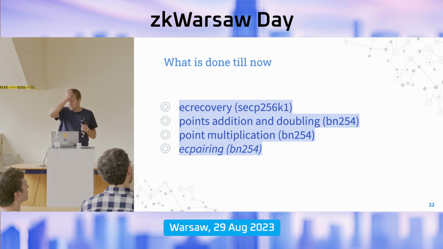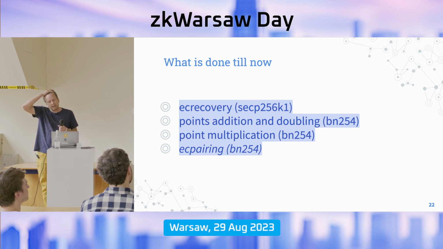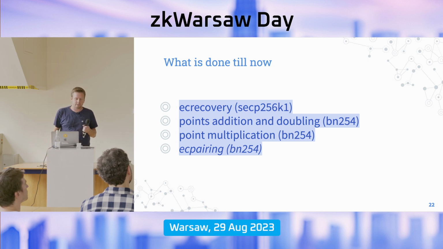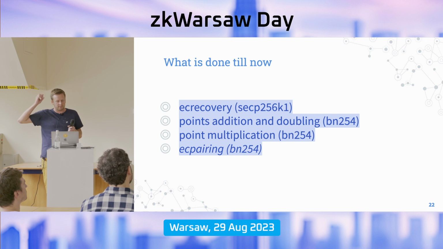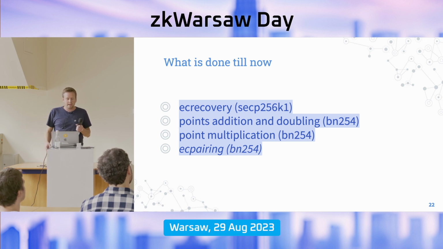So, using the Evmmax API, the Epsilon team already implemented a couple of the most important functions, which are currently computed via Ethereum precompiles. We implemented EC recovery, which is used for signature verification, point adding and doubling for the BN254 curve, and EC pairing for the BN254 curve.